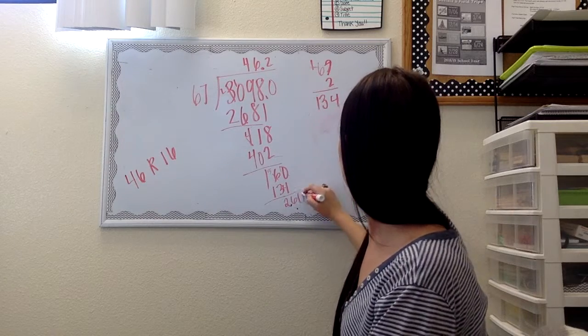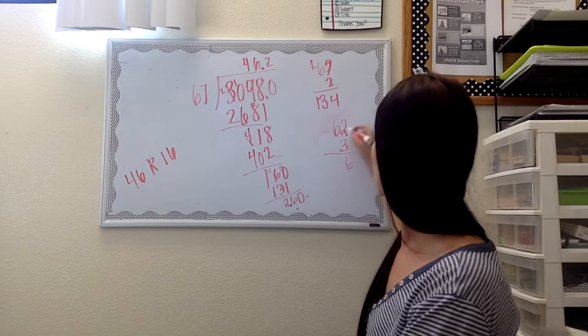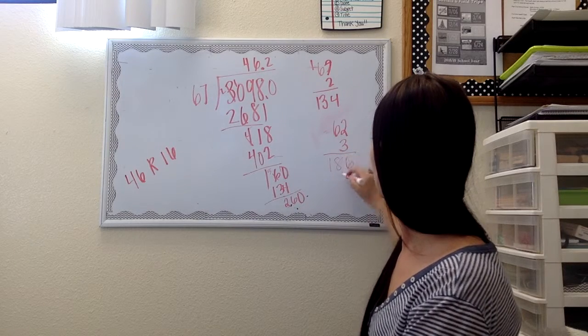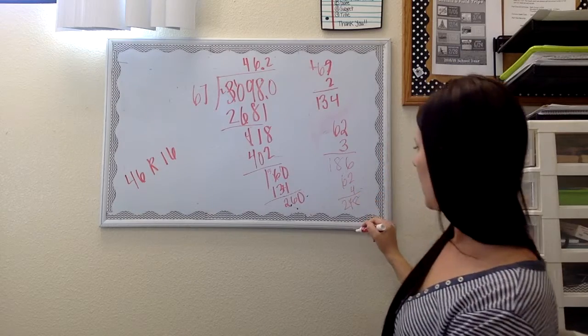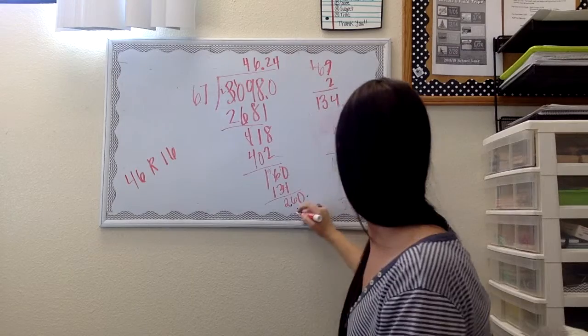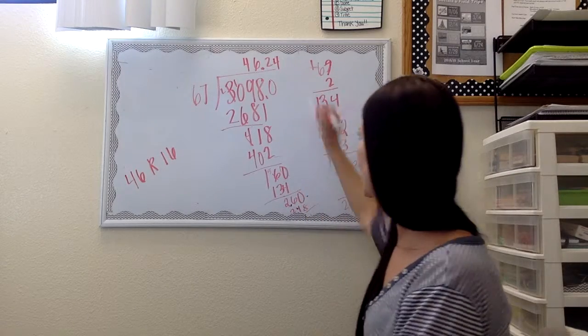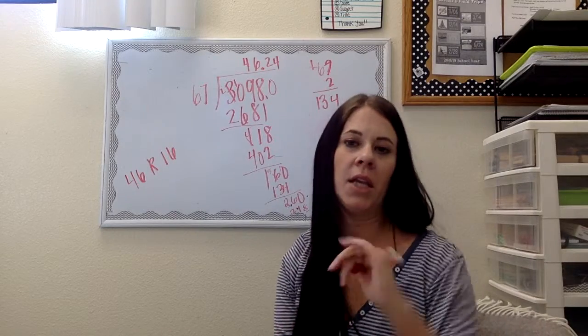And I can bring down the 0. Okay, so I would have had all these still if I wouldn't have erased. So 4, 240, and you can keep going until you end, or until you're like, I'm done, and you can round for the sake of this problem.